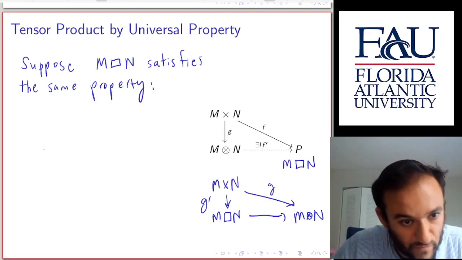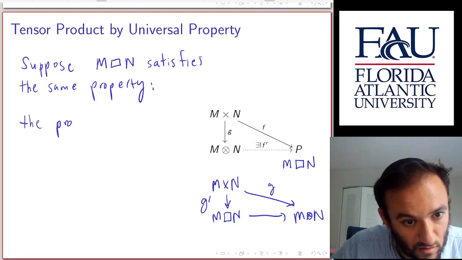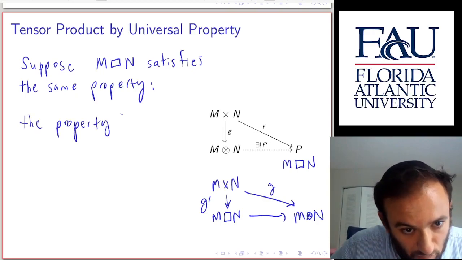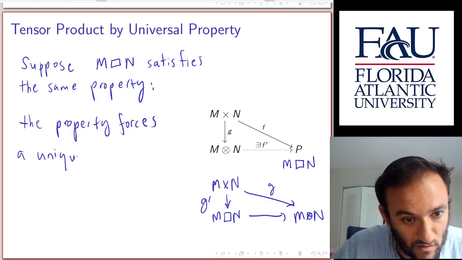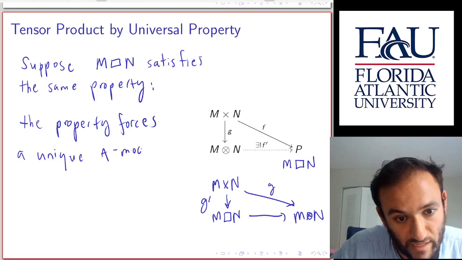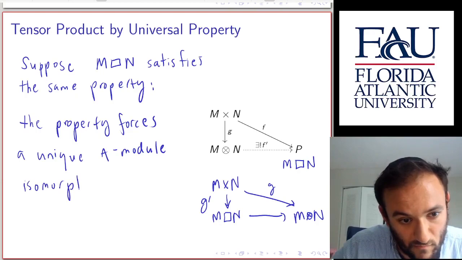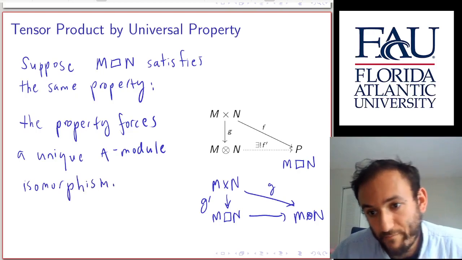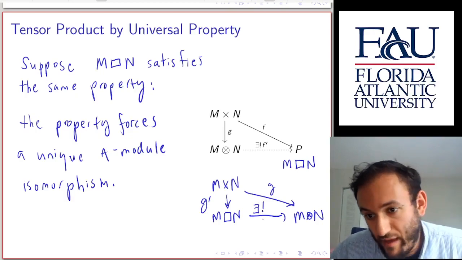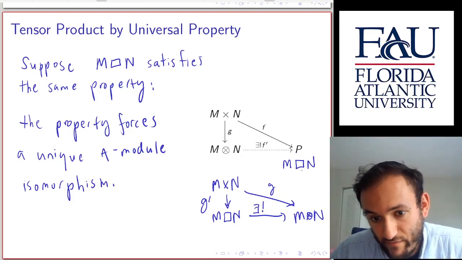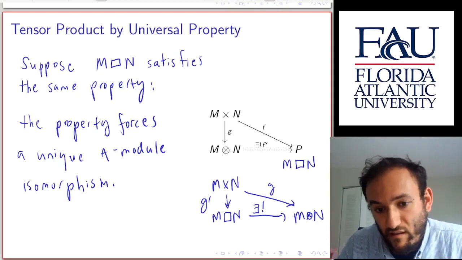Okay, so the property forces a unique A-module isomorphism, based on this unique map, going first this way and then this way. So from M tensor N to M square N, and then back to M tensor N.